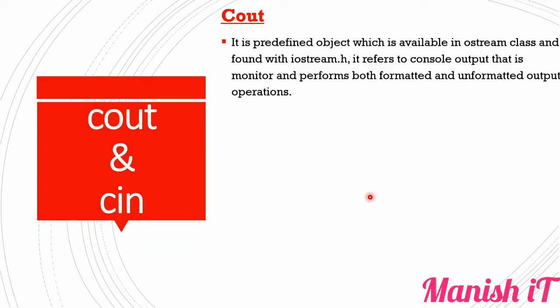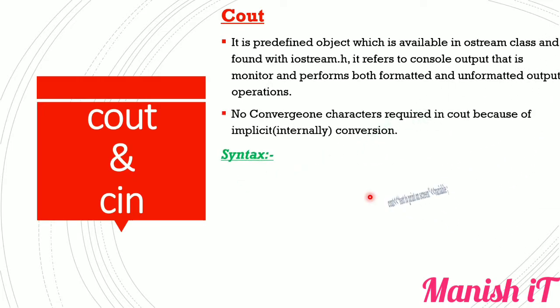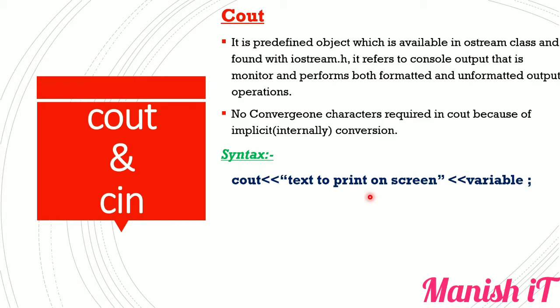So what is its syntax? See here the syntax. The syntax is cout, and whatever statement you want to print is written in double quotation marks, and whatever variable you want to merge in that statement, you write with the less than symbol twice. So how can we read it? cout insertion operator, inside double quotation your statement, and once again insertion operator and the variable.